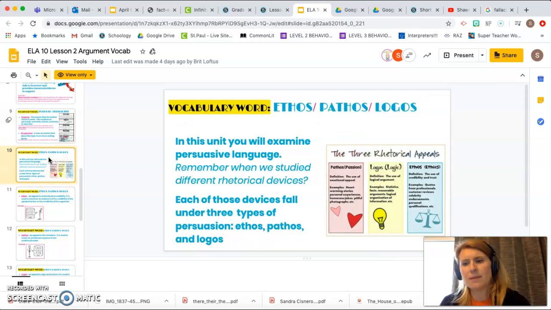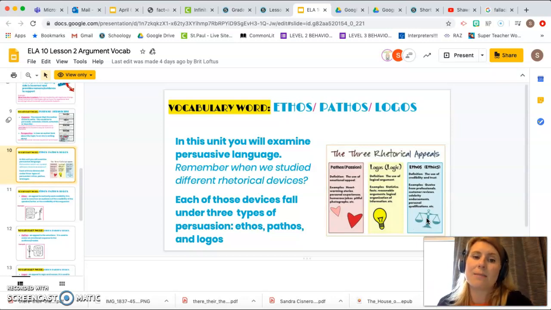All right, these three can be a little tricky. So it's a really good idea when you're writing these notes that you may want to draw little pictures. You see here we've got some hearts, a little light bulb, and a little balance beam. You might want to include a little visual with these words just so that it helps trigger your memory. You're going to learn about three things called ethos, pathos, and logos.